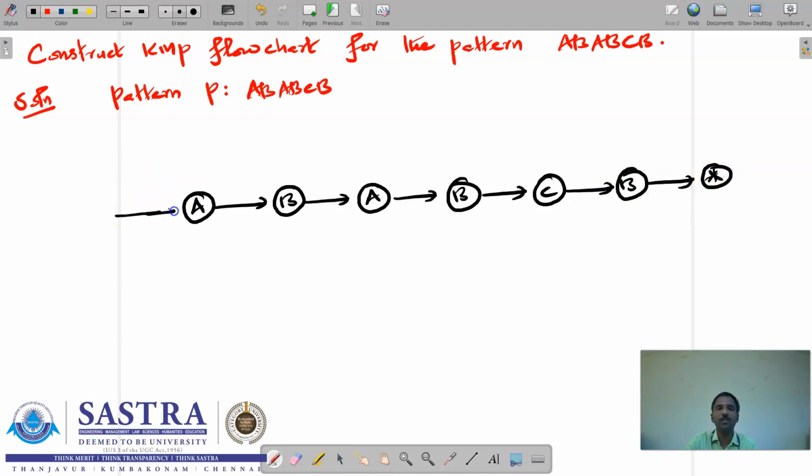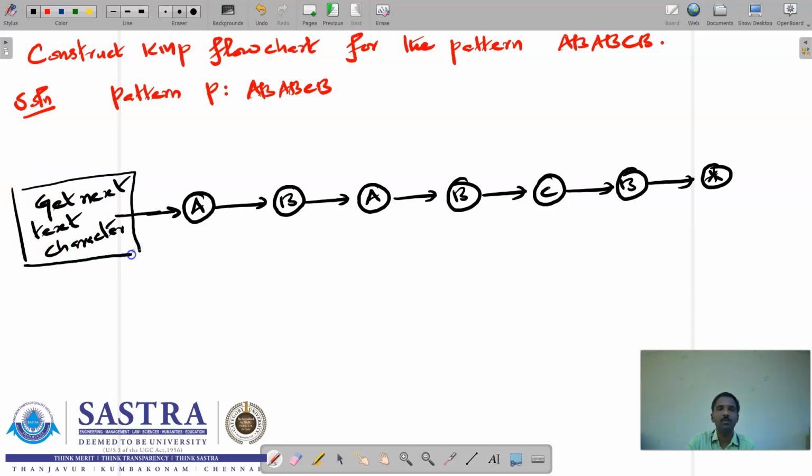The initial node is to read the next text character. So here let's write get next text character. This is the initial node.